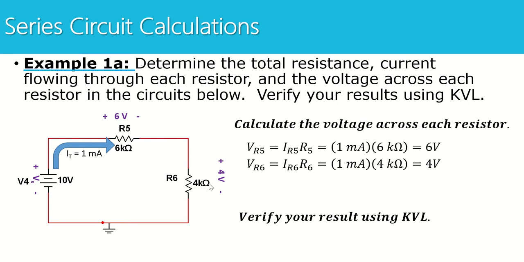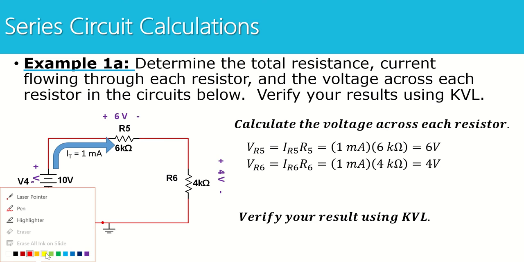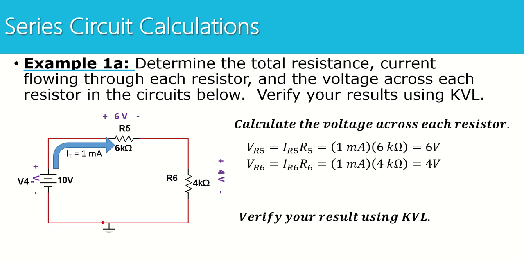And I'm going to use KVL to verify my result. So in order to use KVL, here's what we're going to do. You're going to pick a point on the circuit, any point, it doesn't matter. And you're going to go in a clockwise direction. And you're going to add up each voltage that you see. I'm going to start right here. So as I travel along, I get a positive 6 volts.